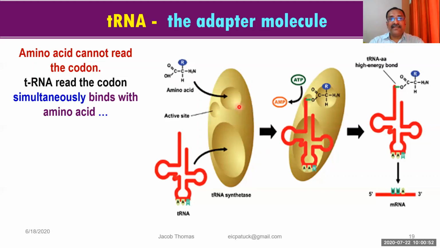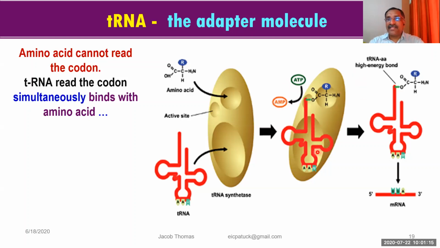Now look here, this is the amino acid, and this amino acid is getting attached to this particular end, the C-end. When it is attaching over here, we can notice that energy is used. That is why ATP becomes AMP.